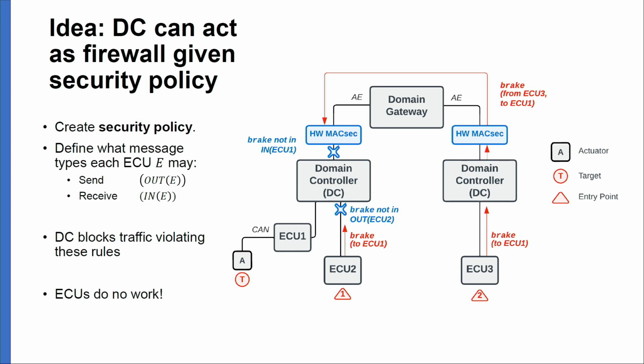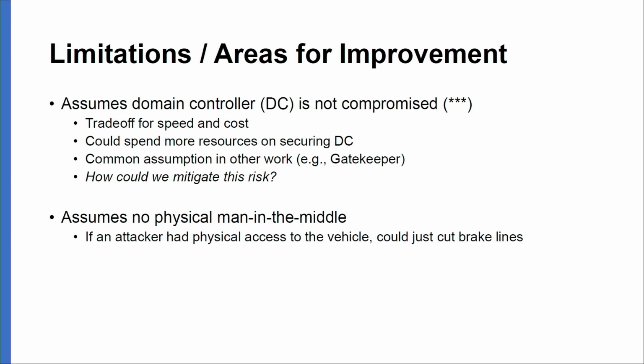So for example, we can define a security policy where we say what each ECU is allowed to send and receive. And then we can actually block traffic violating these rules, kind of like a firewall. And in all of this, the ECUs do no work. So as long as the DC isn't compromised, it can stop malicious messages coming from an ECU that shouldn't be sending it, like an ECU sending a brake message that's not the ABS.